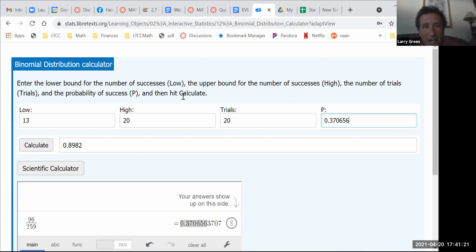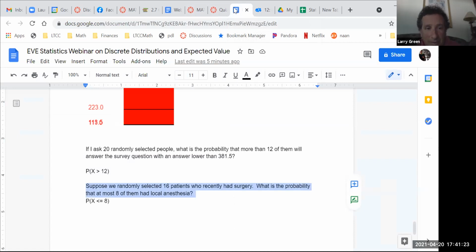Now let's see if you can finish it off. So randomly selected 16 patients. What's the probability that we're less than or equal to 8? Hopefully the rest is pretty easy. Yeah, a few of you are getting it. So less than or equal to 8, 16 patients.